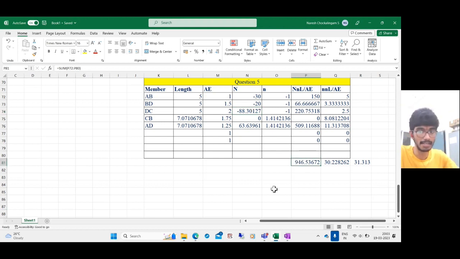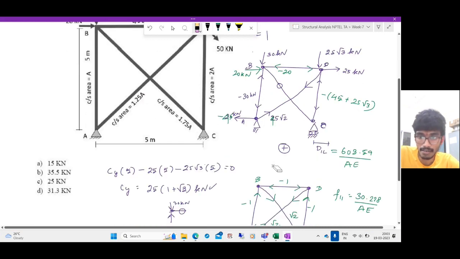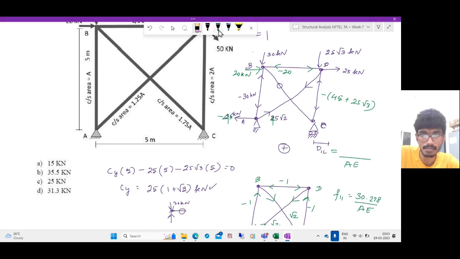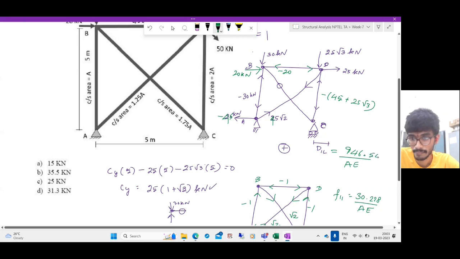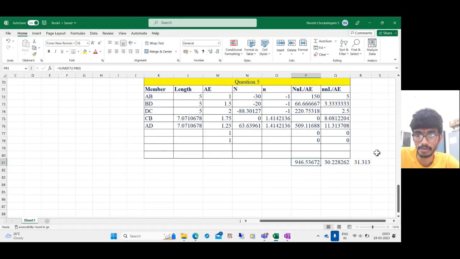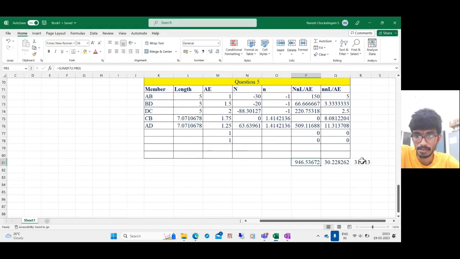The answer that we get, D1L is 946.5. And F11 is 30.22. F11 there's no issue. F11 remains the same. So the ratio becomes 31.3.